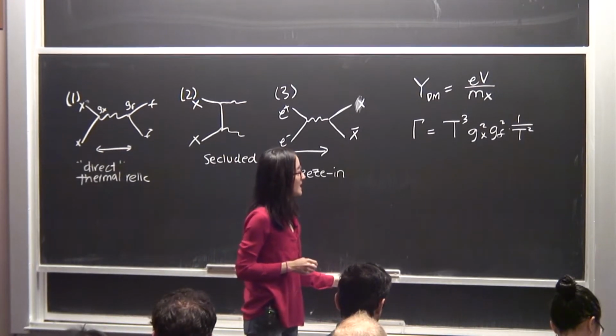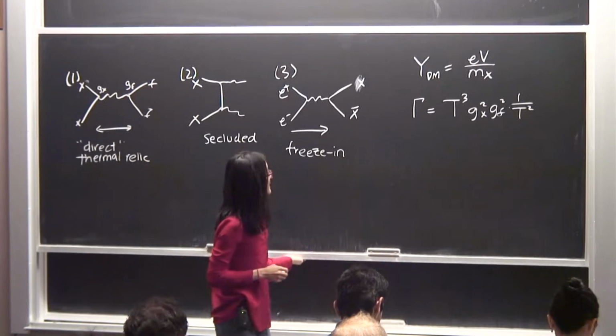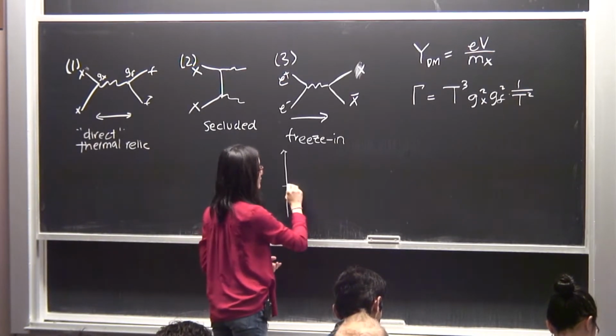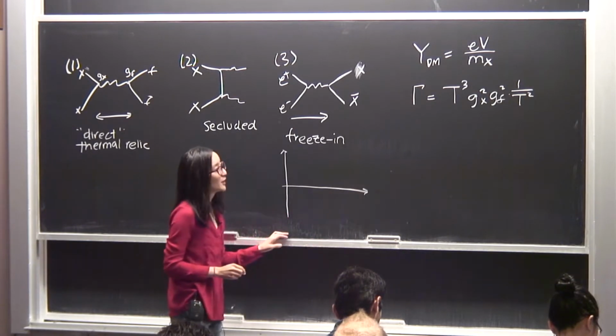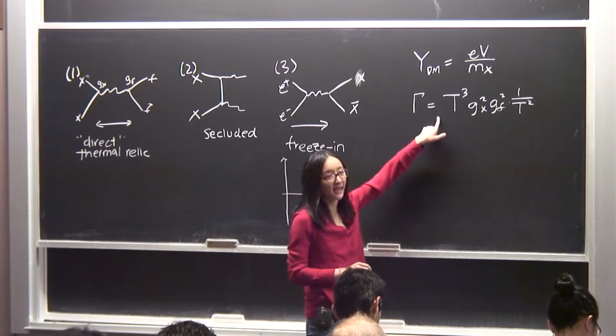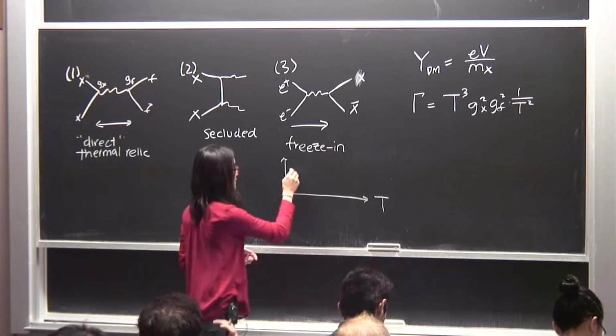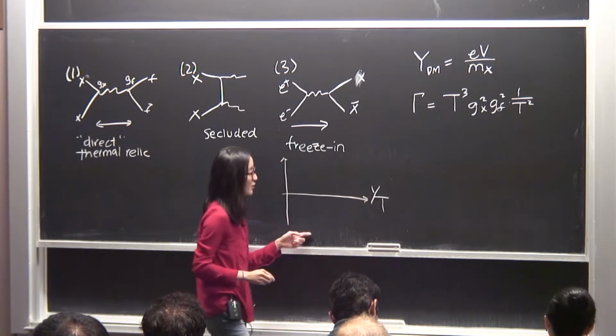So for freeze in, the picture is a little bit different. If we look at this rate, it scales as temperature. So, sorry, this was 1 over t, or time.